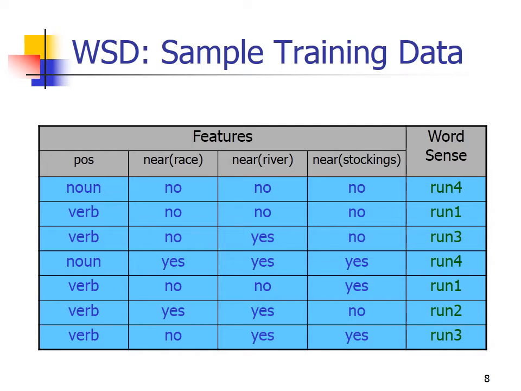If POS is a verb and it is near river, then it is run 3. If POS is a noun and it is all of the 3, then it is run 4. Like that we can describe the other ones. You can see it for a minute.